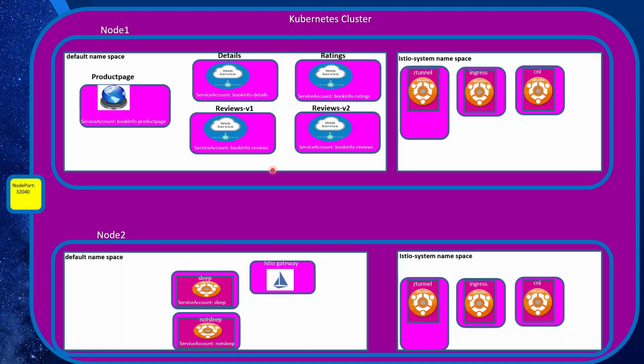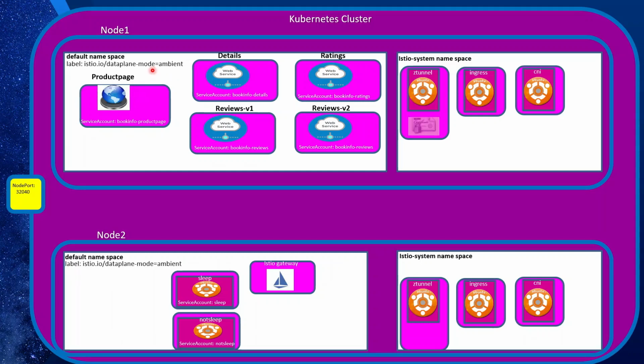Then we also deploy a gateway, and this gateway will allow clients that are outside our cluster to come in through a node port. A random node port, in this case 32040, it could be any number in that range, will be created. Again, that will enable people coming from outside the cluster to consume our application.